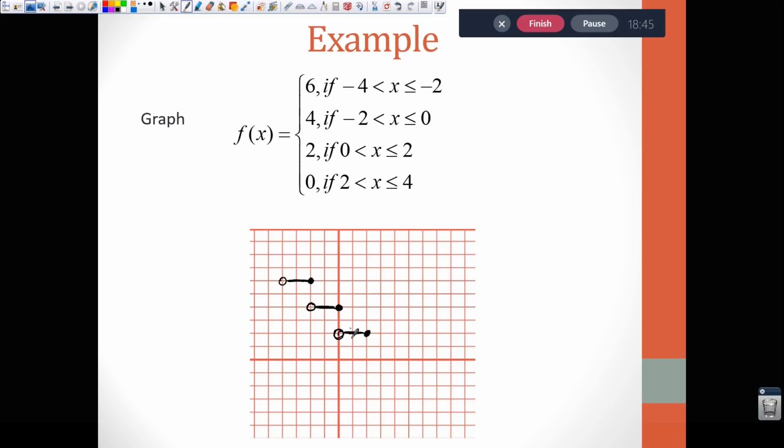So it's those values in between. Okay, and then at 2, we're at 0. So 2, we're at 0, and it's an open circle because it is greater than. And then at 4, we're at 0, and it's a closed circle, and it is less than or equal to. So those values in between there. So that is graphing step functions.